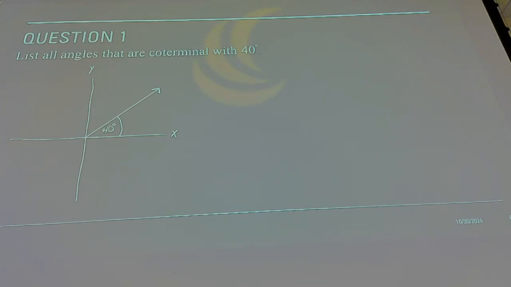That angle has the same terminal side, right? What's that angle? How do we get that angle?